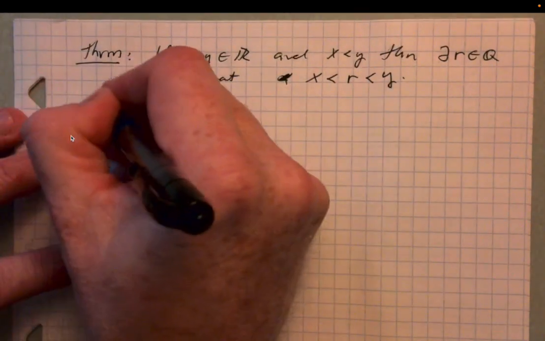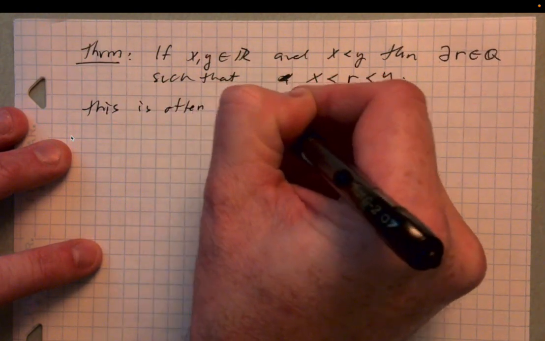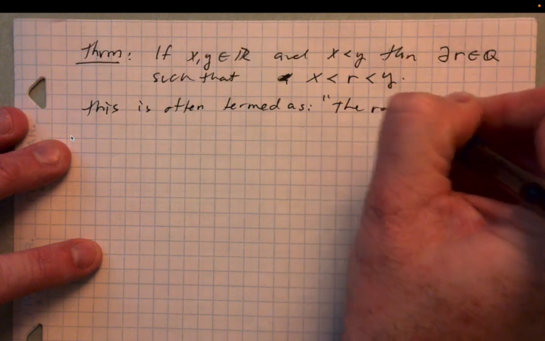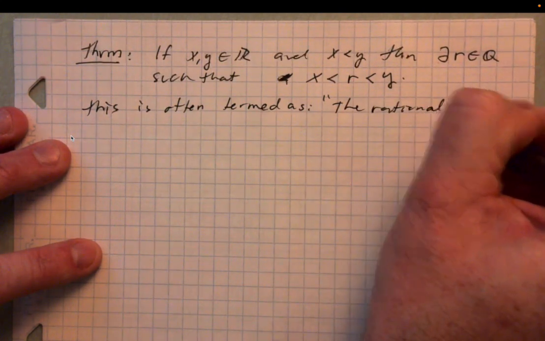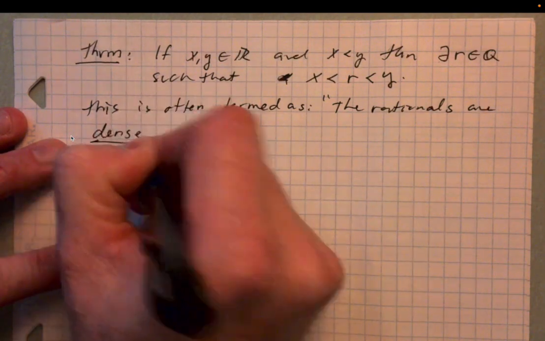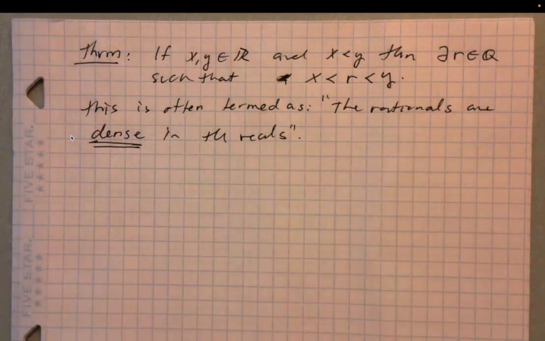So this is often termed as the rationals are, and here's the word that is frequently used, dense in the reals. So the rationals are dense in the reals, meaning no matter how close together x and y happen to be, there's always a rational number between them.